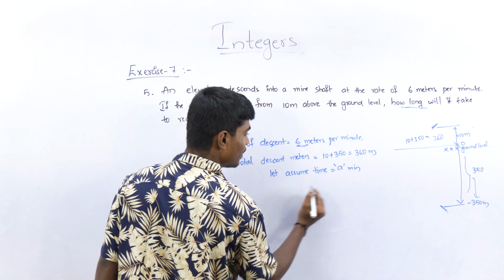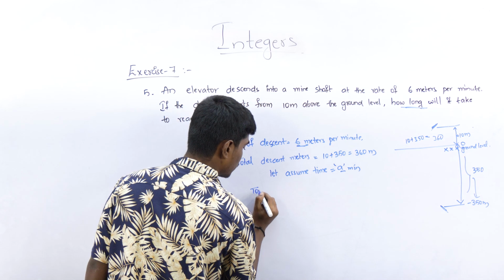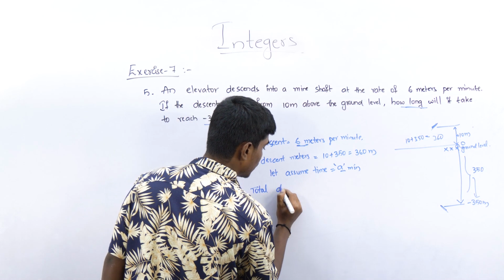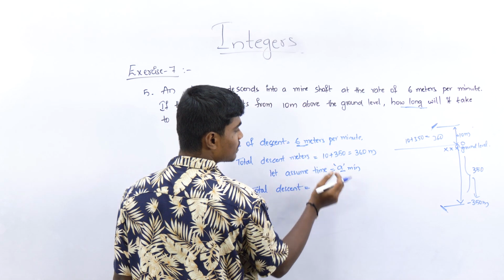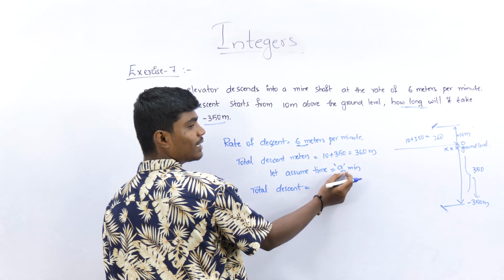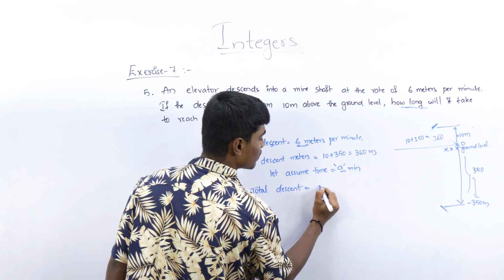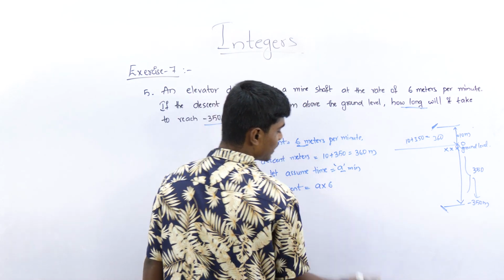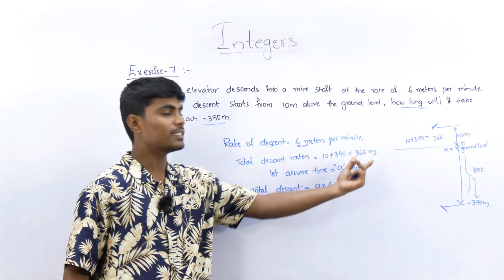It will decrease by A into 6. So total descent is equals to A into 6. In A minutes, it will descend. It will move down by A into 6 meters. So here total distance is 360 meters.